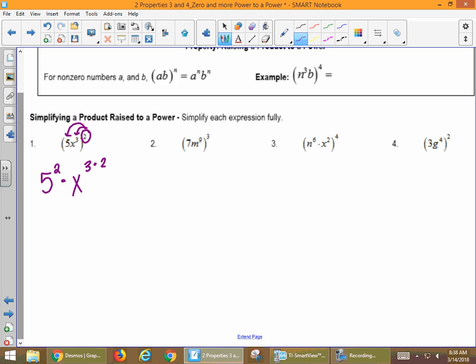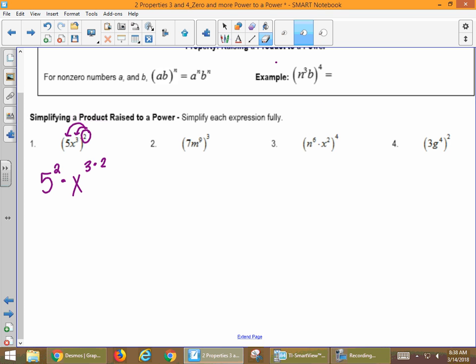This kind of thing only works if it's all multiplication. All of these are all multiplication. When we study for the OST and we have something like x plus 2 quantity squared, that's going to be different because of the plus.